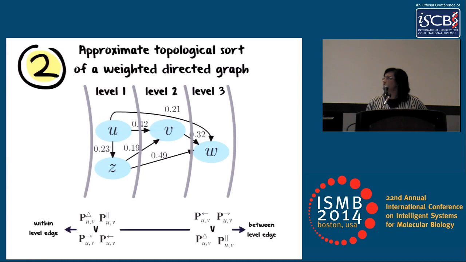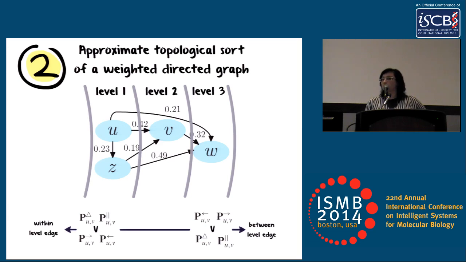So the most important part of that last step of our gene network inference is that we assign genes to different levels. For each pair of genes, we consider whether we have more evidence that these two genes are in an epistatic relationship, then they should be assigned to different levels.